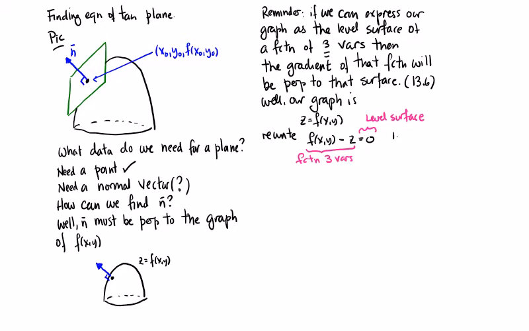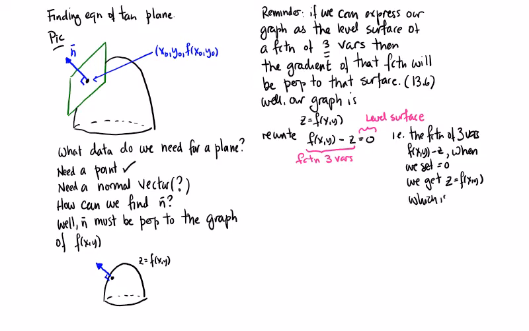In other words, the function of 3 variables, which is f of x, y minus z, when we set it equal to 0, we get z equals f of x, y, which is our surface.